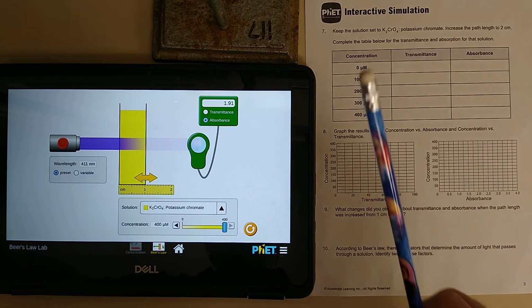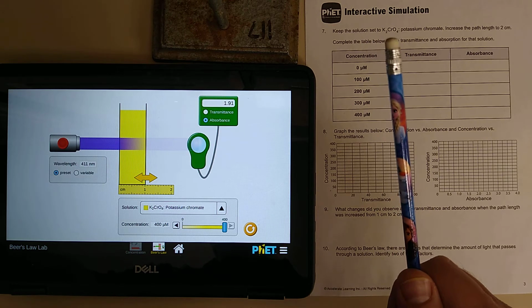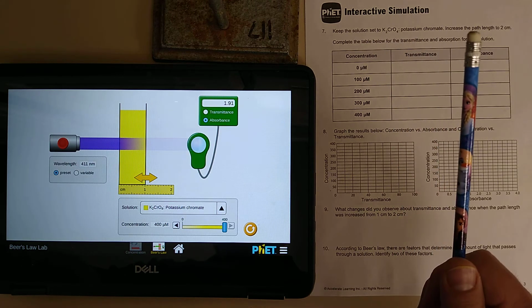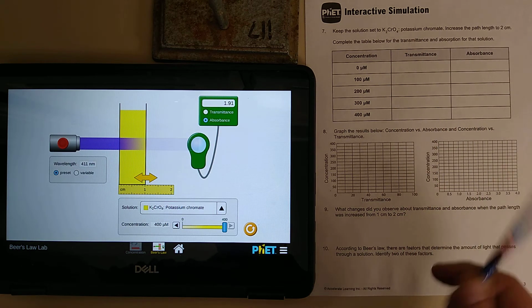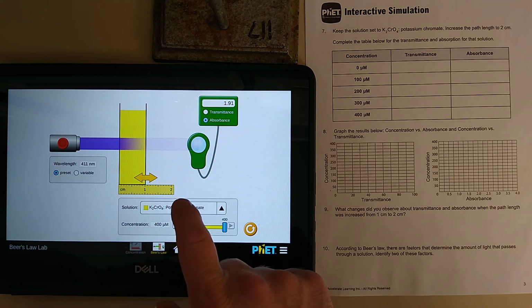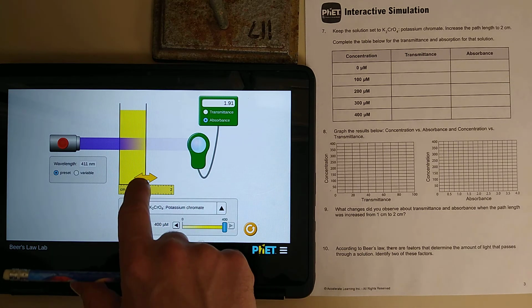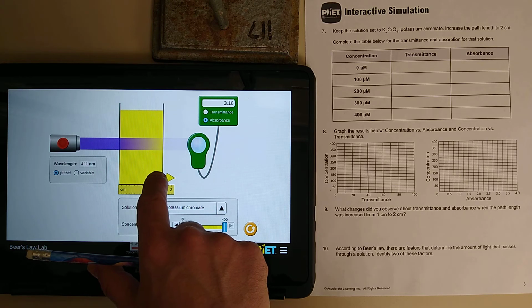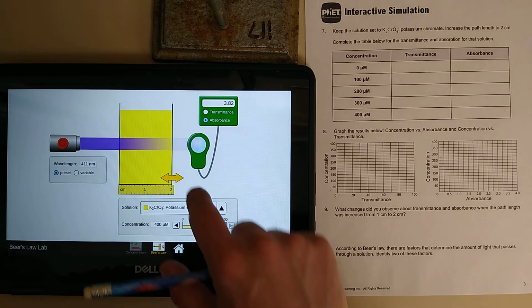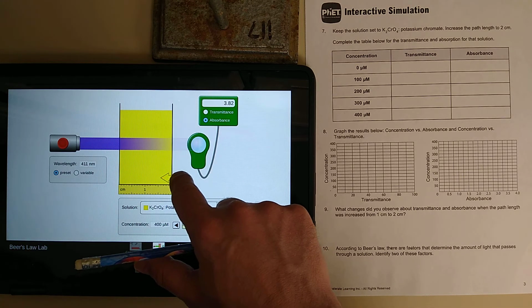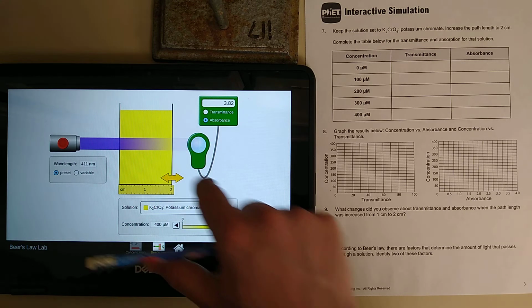All right, so number 7 says keep the solution set to potassium chromate, increase the path length to 2 centimeters. So we're going to make it even thicker. So we're going to crank this up to 2. There we go. Okay.